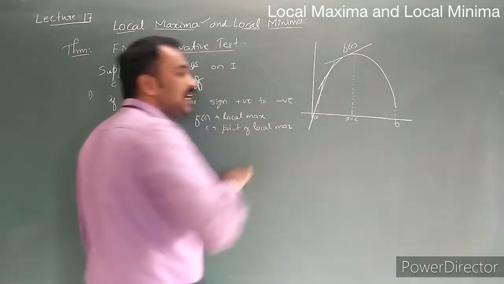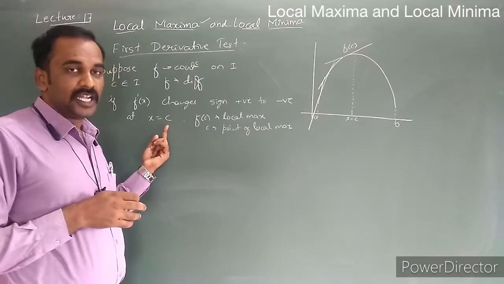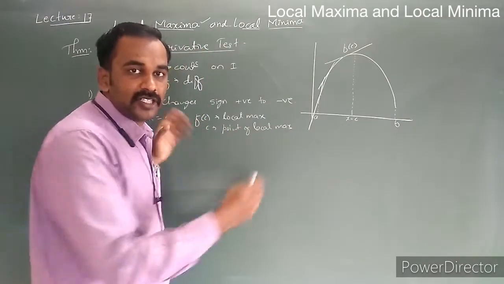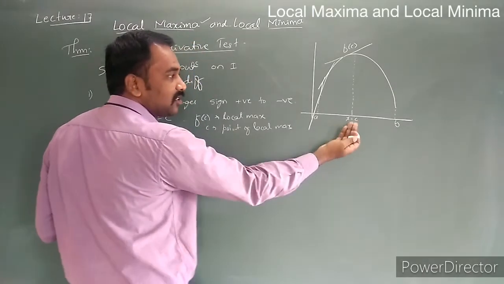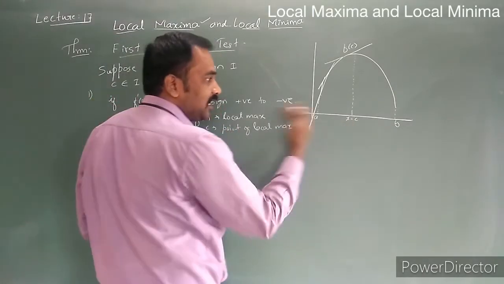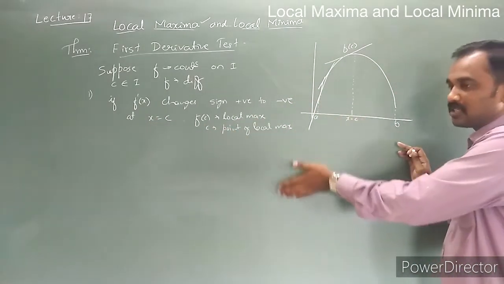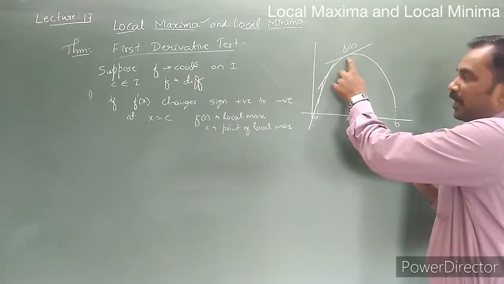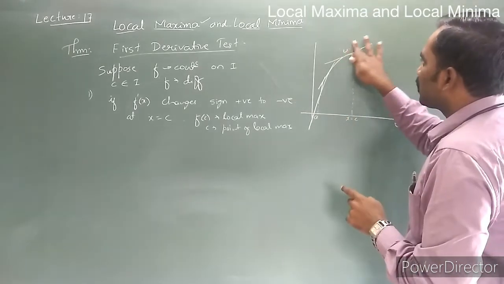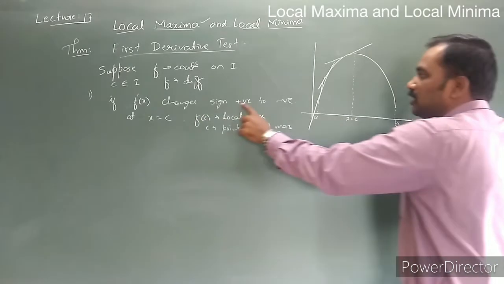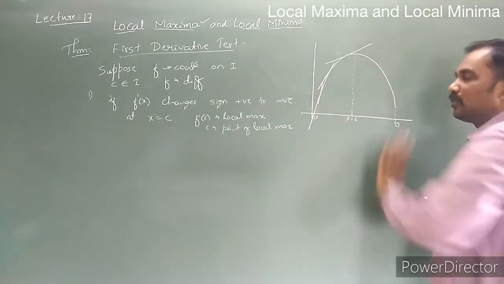So on the left side of the point c, in front of you, the function graph is rising. On the left side of c, f dash of x, which is the slope of the tangent, is positive at the beginning.